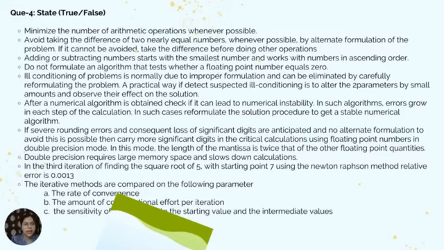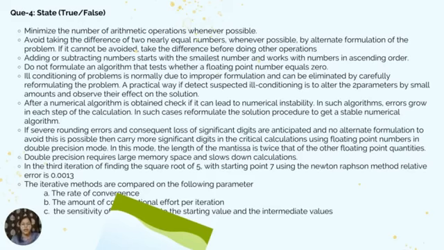Eighth, double precision requires large memory space and slows down calculation. Ninth, in the third iteration of finding the square root of 5 with starting point 7 using the Newton-Raphson method, the relative error is 0.0013.